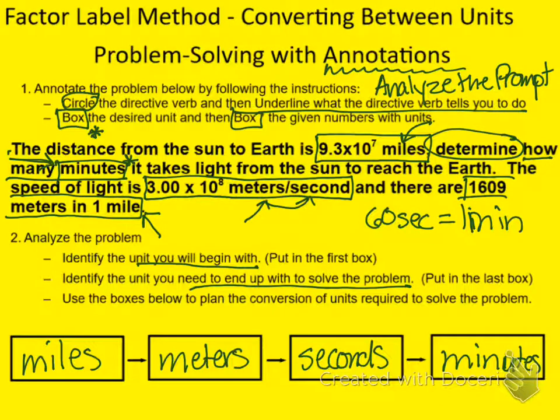So this will allow me to get from miles to minutes in 3 changes. So that means I'm going to need 3 conversion factors. When you make a plan like this, you will know that every arrow, every conversion factor will help you get to your end, and that's how many conversion factors you're going to need.